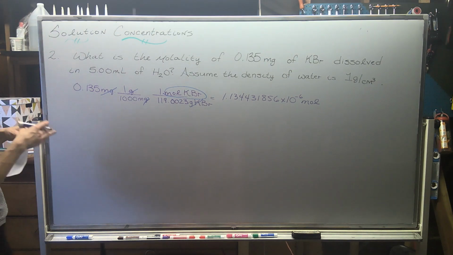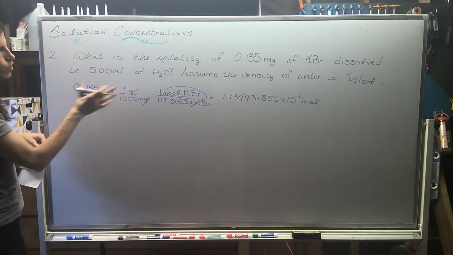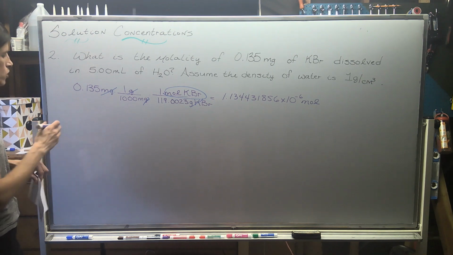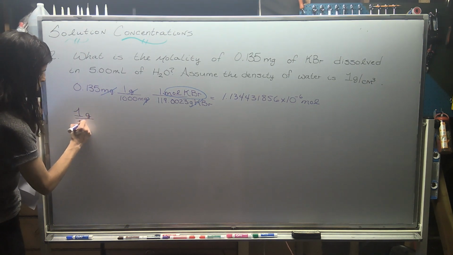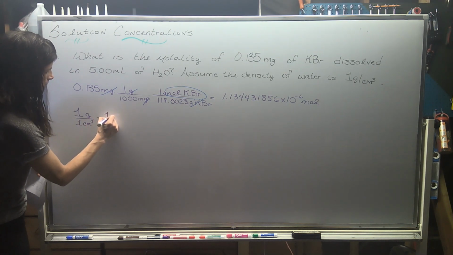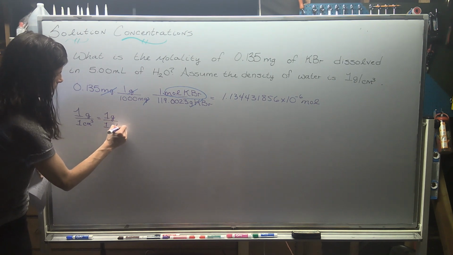We also need kilograms of water. We were given the volume of water. We're also told to assume that the density is 1 gram per centimeters cubed. But 1 gram per 1 cubic centimeter is the same as 1 gram per 1 mil.